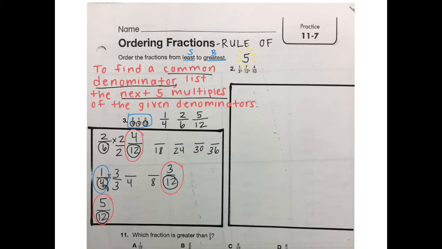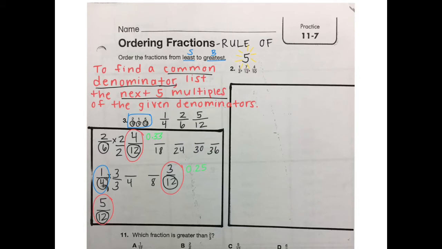To make sure I'm right, I can check each fraction in my calculator and turn it into a decimal to make sure I have it in the right order. So if I turn 2/6 into a decimal, I get 0.33. So I will write that right here, 0.33. Then if I turn 1/4 into a decimal, I will get 0.25.